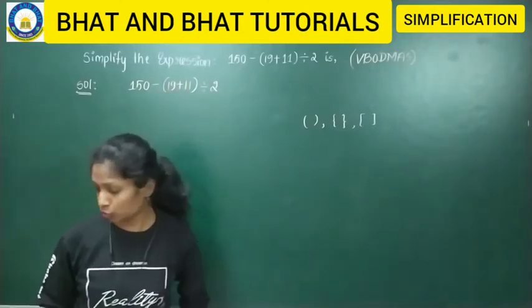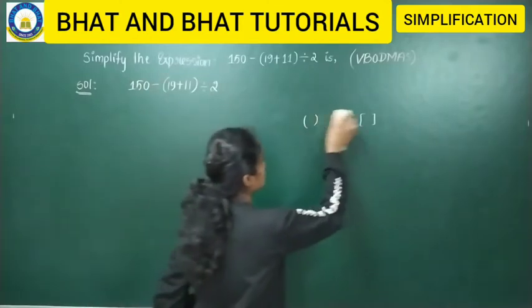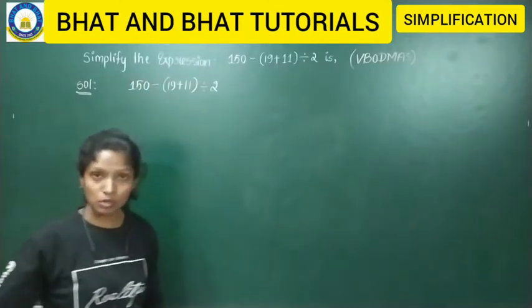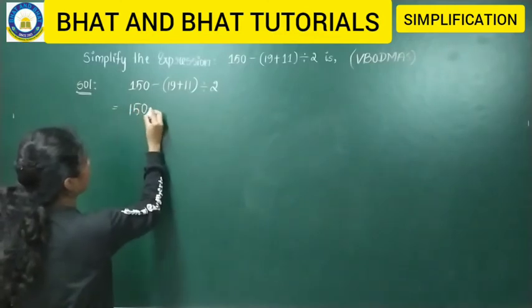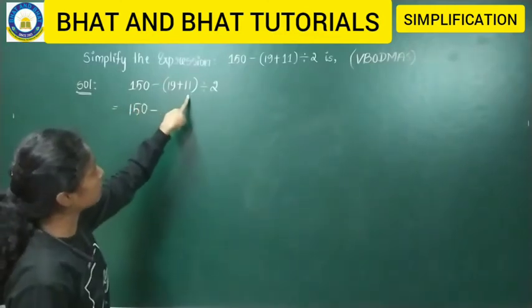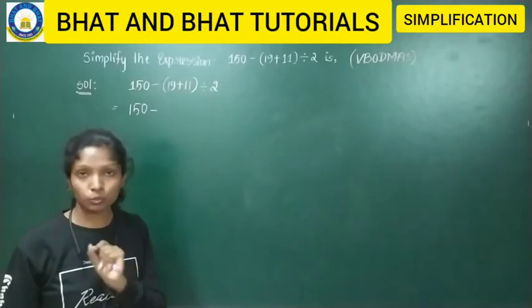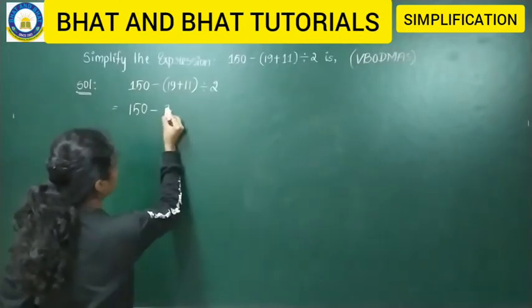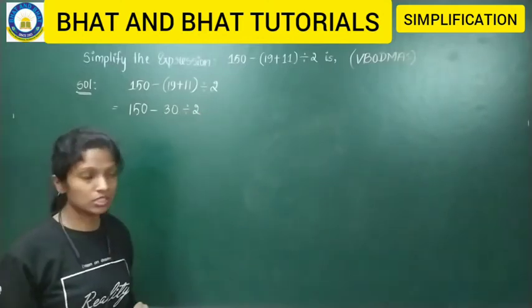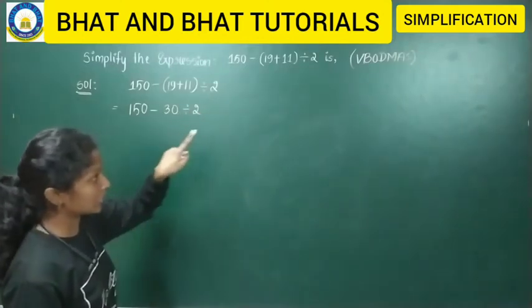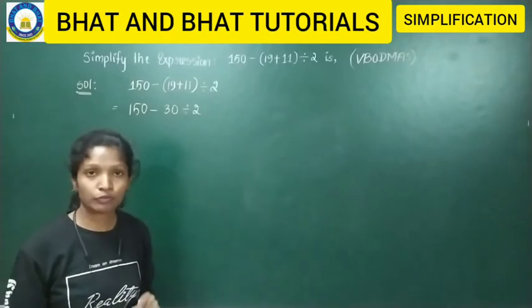So what we have to do is remove this circle bracket in the question. That is 150 minus, 19 plus 11 gives you 30. So write 30 divided by 2. Got this? Next, O stands for of.